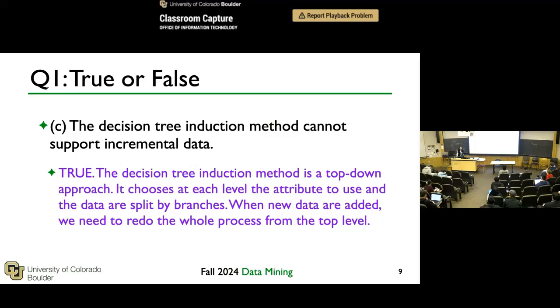Bayesian classification works by computing the probability, and the way to compute it is that when you have the original data, you computed the different probabilities, and now you have the new data, you don't need to go back and recheck the original data. You just need to update your probabilities. So this is the part about incremental data, and also the part about decision tree versus Bayesian classification.